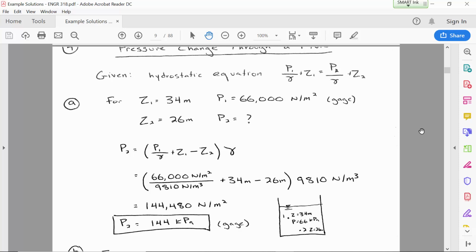It can still be used, but then there's going to be some errors, and we'll talk more about that later. But for now, if we just rearrange to solve for P2, then the gauge pressure, assuming that P1 was given in terms of gauge, that's going to give us P2 in gauge. It should be 144 kilopascals, or 144,480 newtons per meter squared.